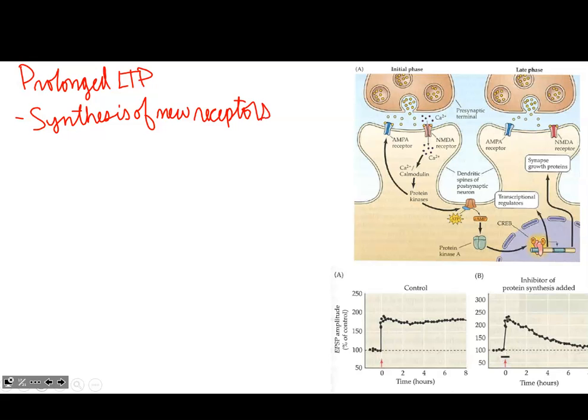So AMPA receptors especially, but also NMDA receptors. As, and this is an important point too, the dendritic spines may grow.